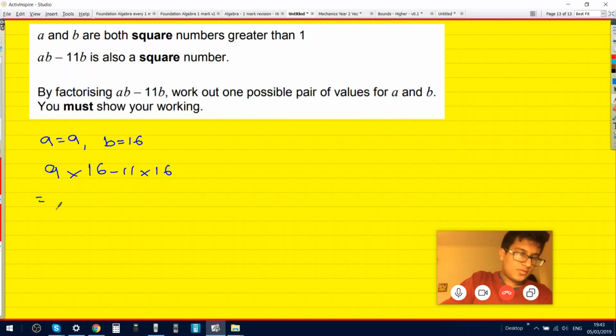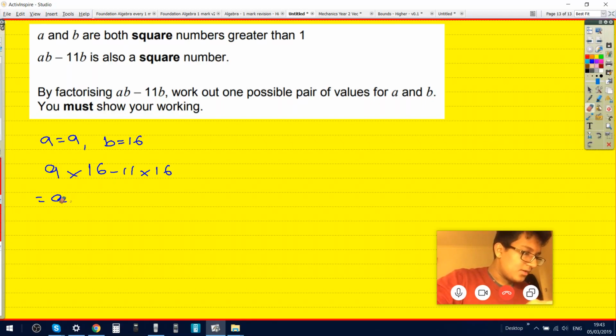So you could say minus 59. I think A has to be a bigger value. So if you take A as 25 and then B is 16. I'm just trying different combinations. I don't know any kind of method. This might be the easiest way.